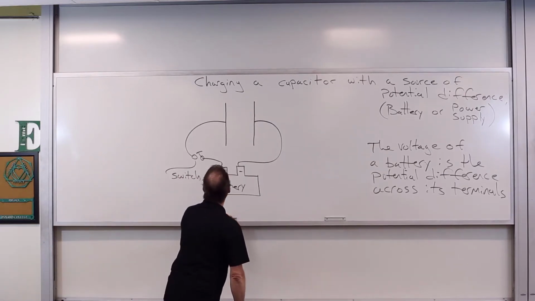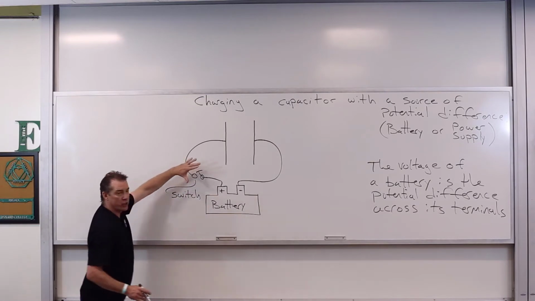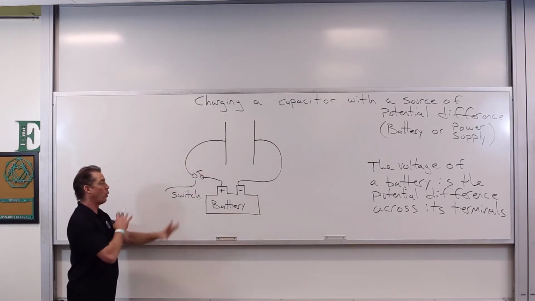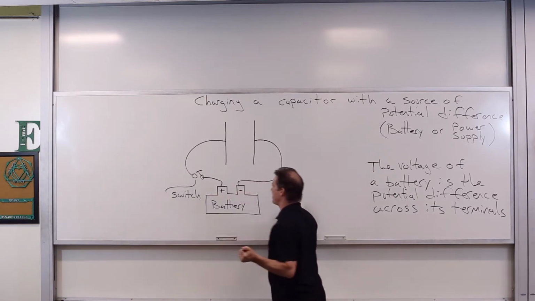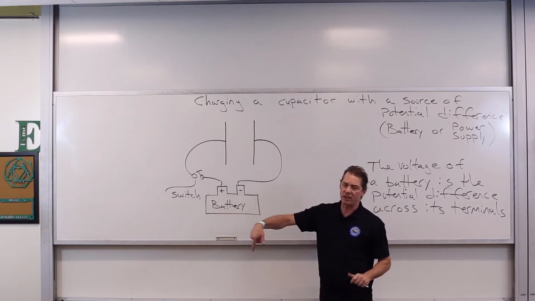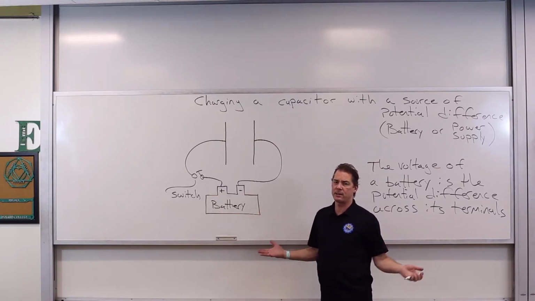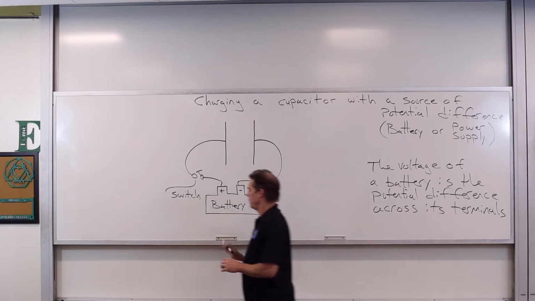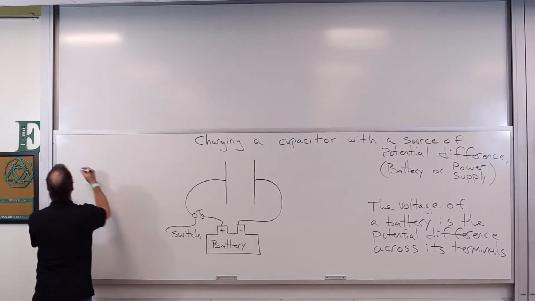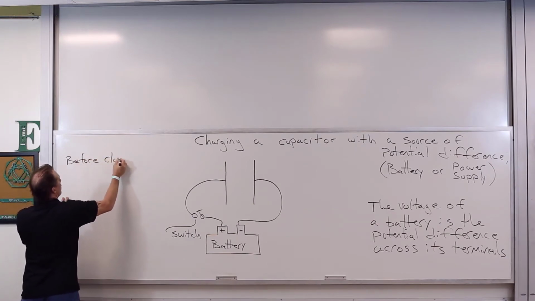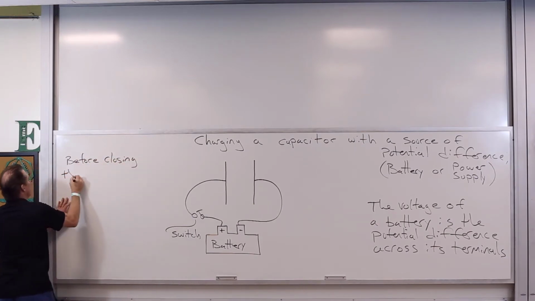And what else do we have? Well, this little switch right now is open, which means that there is no conductive pathway for the charges here. But what I want to be able to do is close that switch and see what's going to happen. So again, before closing the switch, it's neutral.